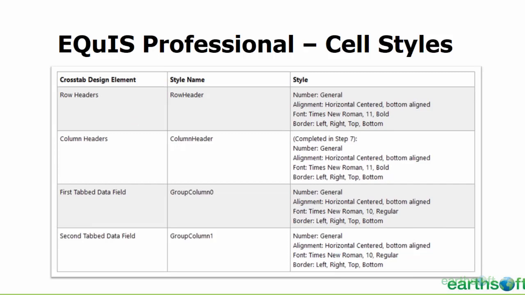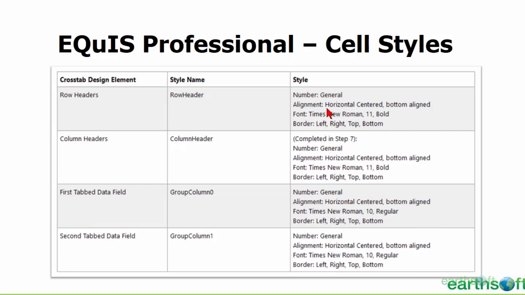I do have a link to this information, as well as a couple links at the end that we can look at in terms of information and help that is out there on the information page. So within the row header, we set that style up, and here there are some differences in terms of how we set these up.